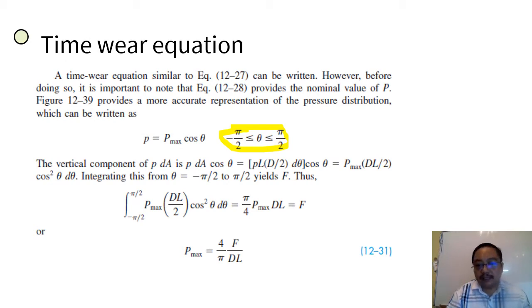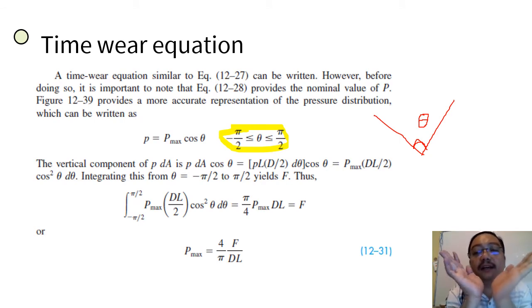If I can sketch like this, both are 90 degrees. This is theta. So the pressure distribution is within this range. It cannot be outside of the range, meaning that it is most likely a partial bearing.